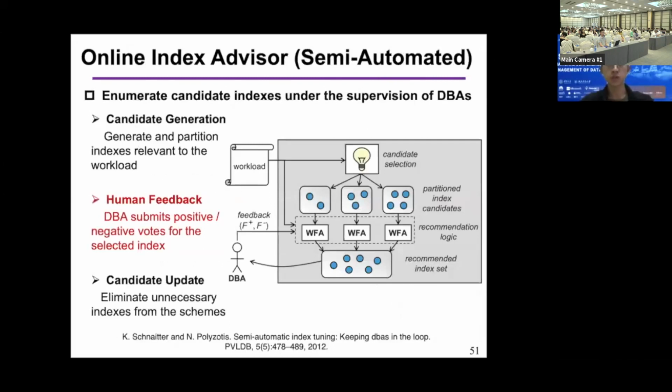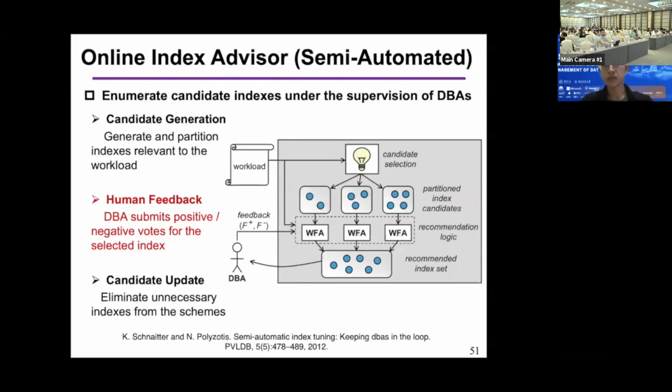So another idea is we just use the DBAs to estimate whether the selected indexes are good or not, and other things are left for the automatic algorithm. So there is a semi-automatic index selection method. It monitors the DBMS in real time, then dynamically analyzes the workloads and enumerates some candidate schemes to tune the index structures.